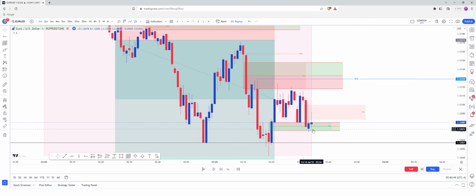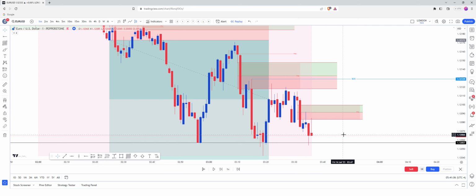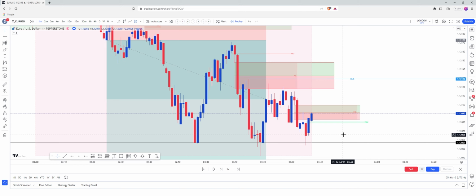Yet again, 50% has held. We have wicked into this fair value gap now. Okay, so we've closed through. Respecting the 50% of that one at the moment.